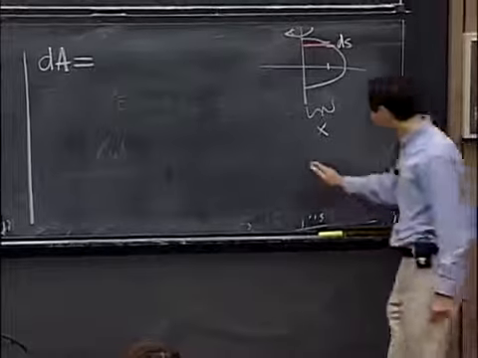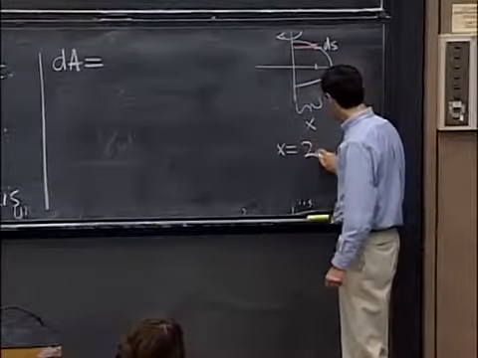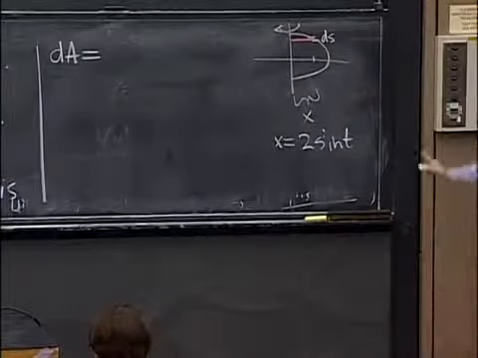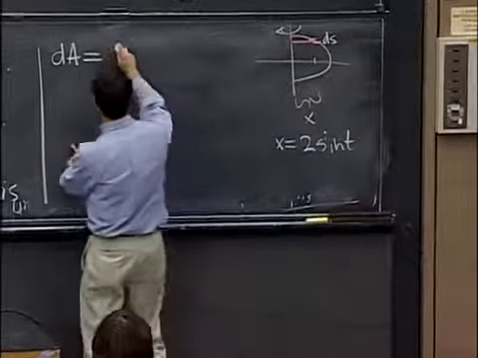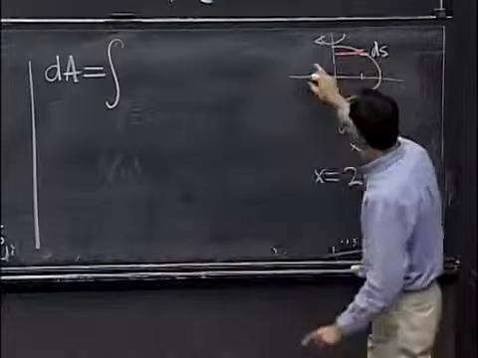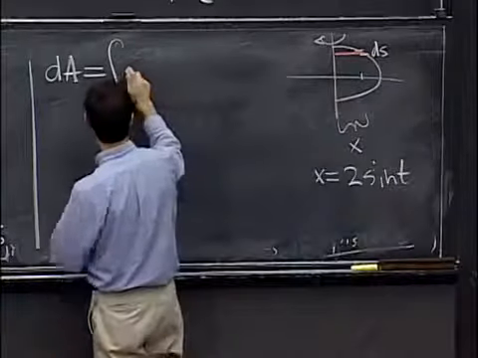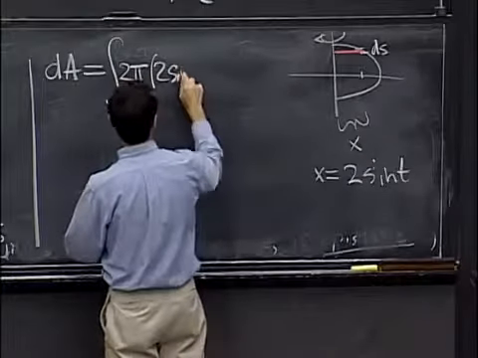And it even has a formula. Its formula is 2 sine t in terms of t. So the full formula for the integral here is, I have to take the circumference when I spin this thing around and this little arc length element. So I have here 2 pi times 2 sine t.